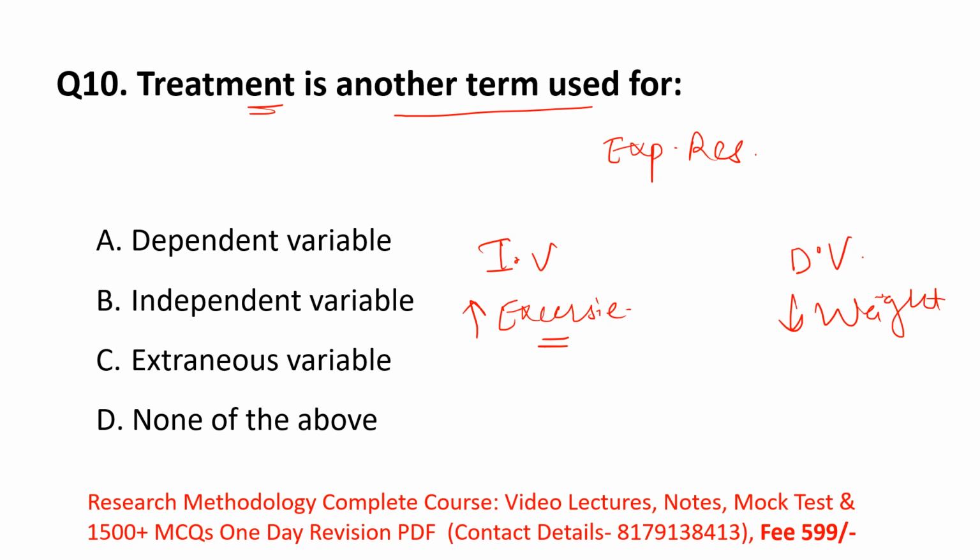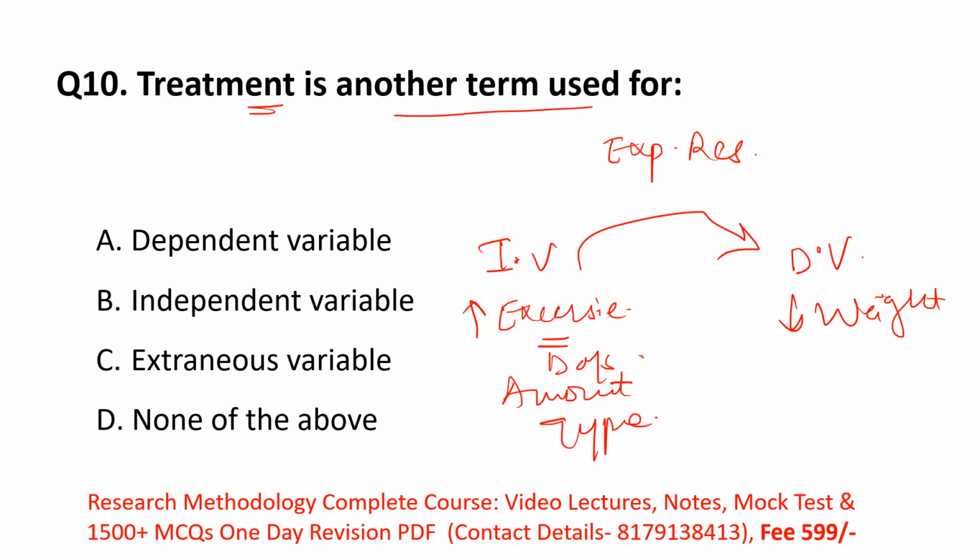The amount of exercise matters, the type of exercise matters, and how many days I perform exercise matters. Then only you can see its effect on your weight. My weight is decreasing very fast, or very slowly, or is still moderate.